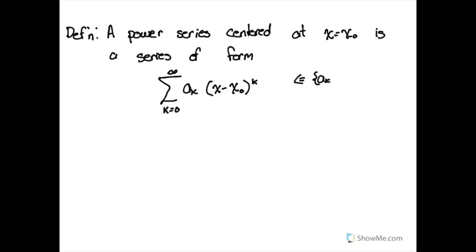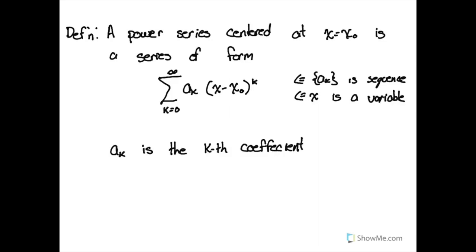Again, a_k is a sequence and x is a variable. We call a_k the kth coefficient of the power series. So this is what it means for a power series to be centered at x equals x naught.